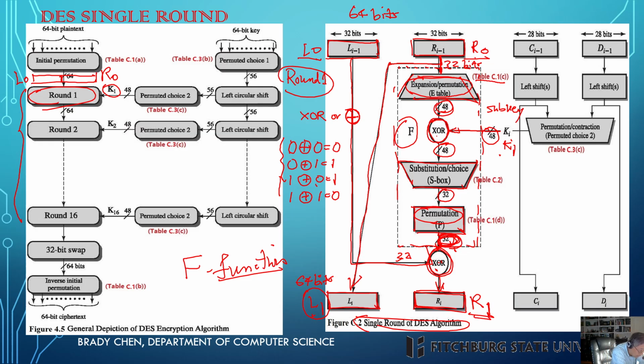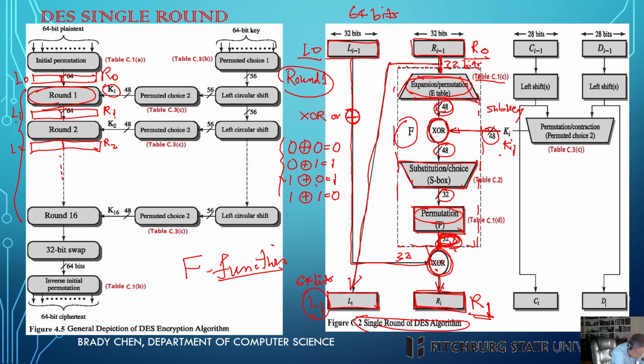So after round 1, we get a 64-bit output with L1 and R1. Now round 2 is pretty much identical to round 1, but the input of round 2 is L1 and R1, and the output of round 2 is going to be L2 and R2.